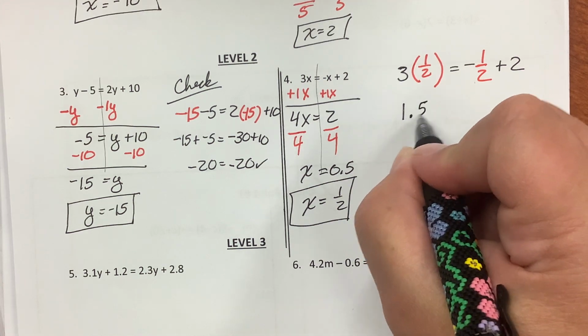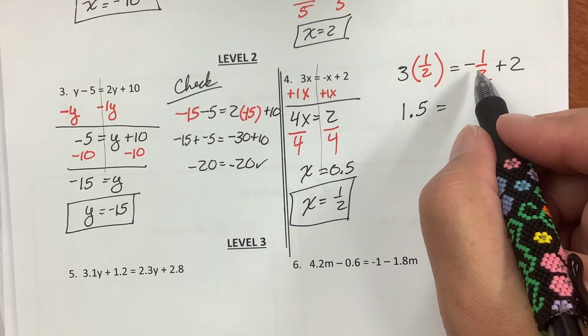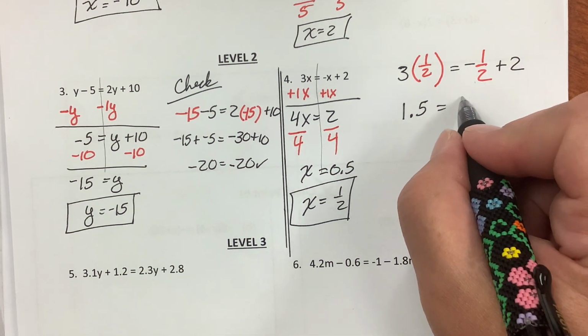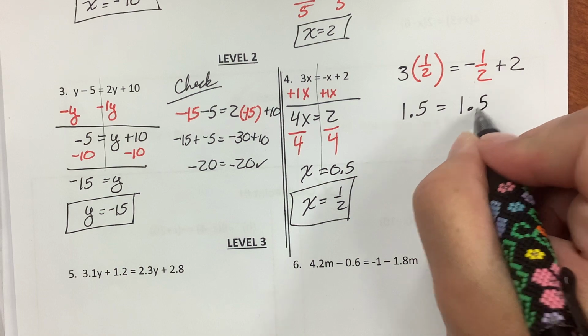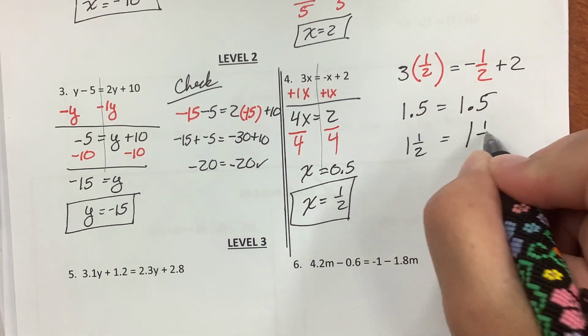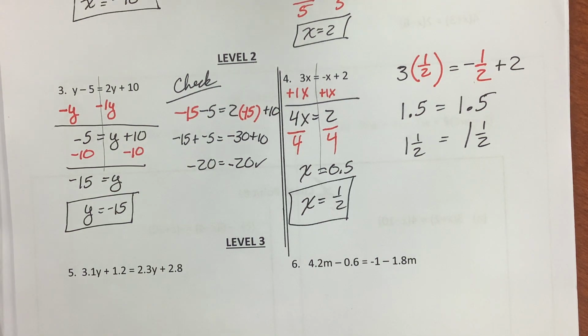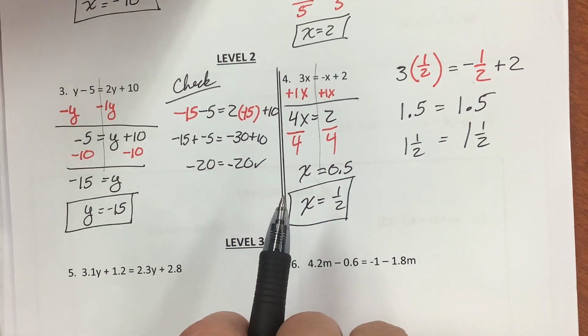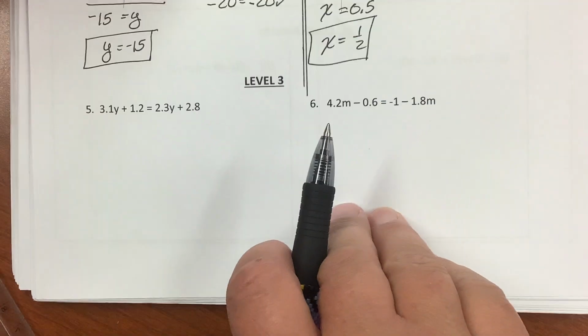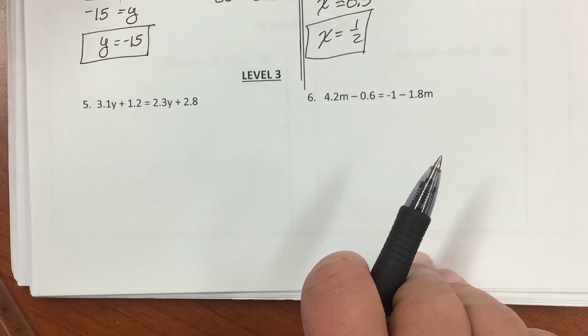Let's write 1.5, make you happy. And then negative 1/2 plus 2, what's 2 minus 1/2? 1.5. So 1.5 is equal to 1.5. It works. If you want to use decimals, but if you have a calculator that does fractions, use it.